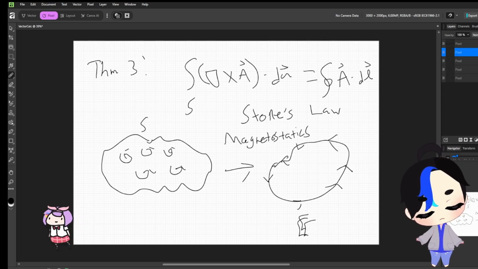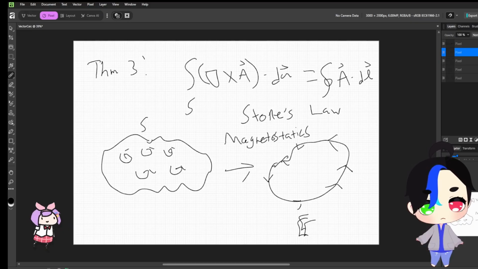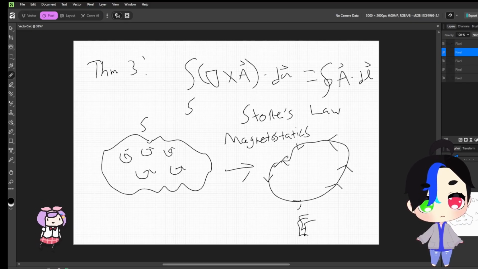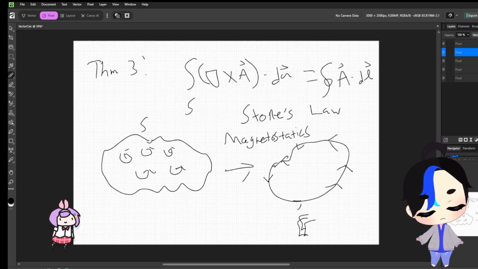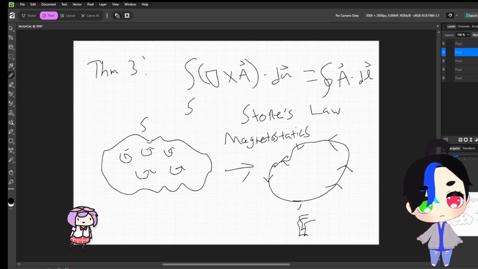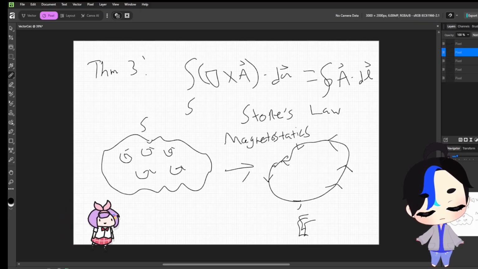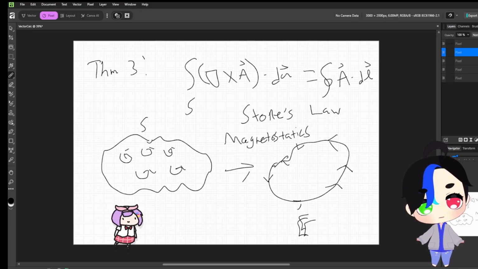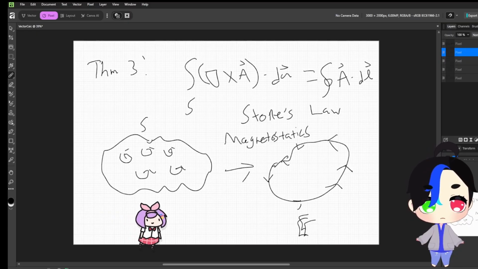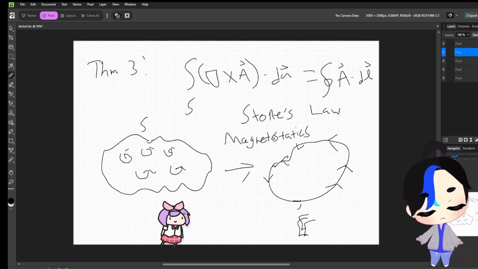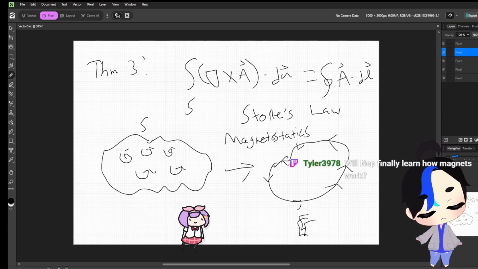And that is because, as you may have intuited, electric fields tend to come from a source. They tend to radiate outward, and they don't really have a rotation to them. Whereas magnetic fields do have a rotation to them and don't really come from a source or a sink.